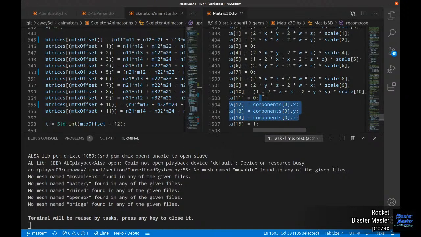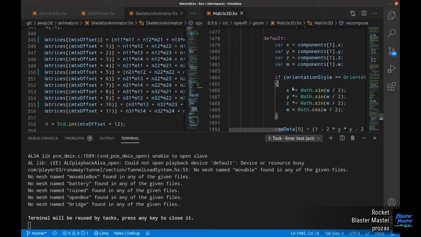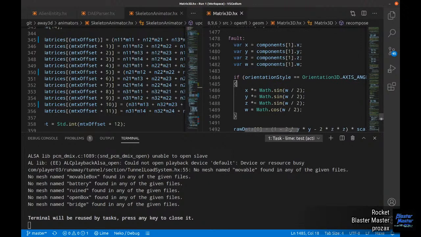Why is that there instead of being here, here, and here? Like, is the recompose function what's wrong?